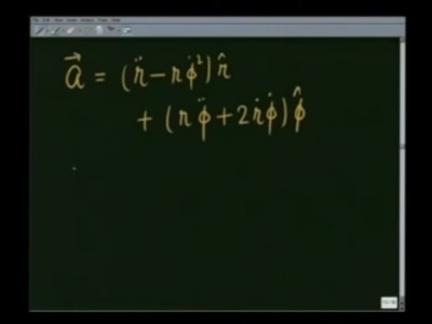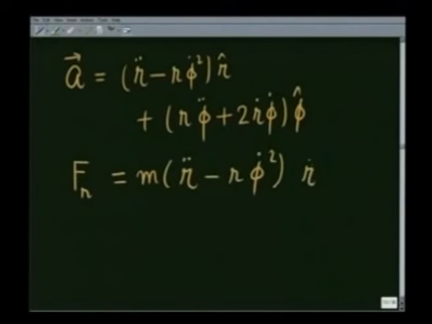The force that I am pulling it in with is in the radial direction, therefore that is equal to m times r double dot minus r phi dot square, and since it is being pulled in with constant speed, r dot is equal to minus v and r double dot therefore is equal to 0.